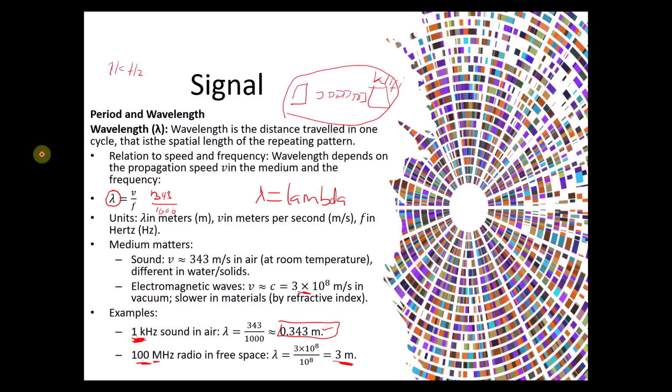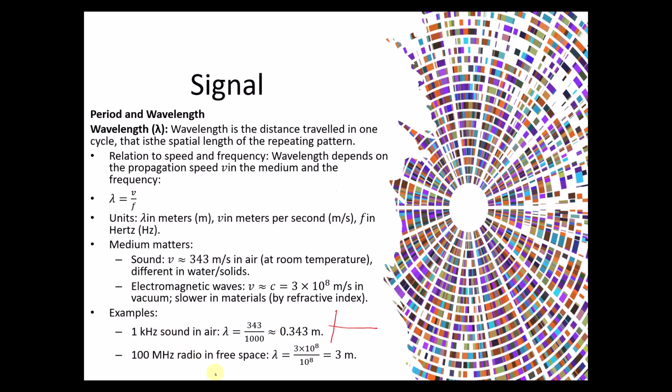We have already talked about the wavelength, that the wavelength is the distance of a complete cycle of a signal. So with this 1 kilohertz sound, the cycle of the wave, if we draw it, is this. The wavelength is 0.343 meters.